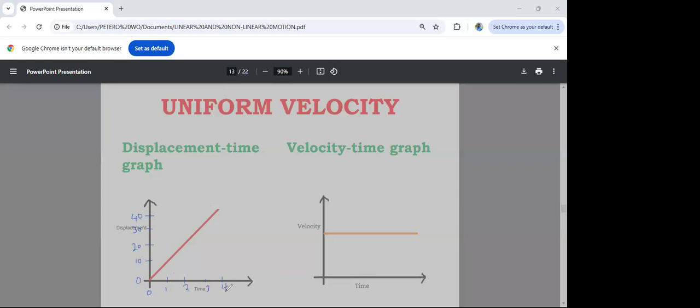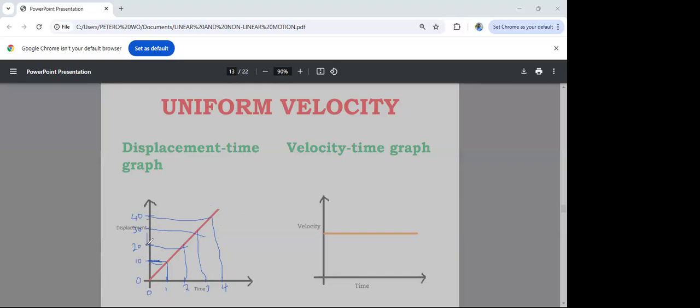Now, to have this graph coming out as it is, we will travel 10 meters in 1 second, 20 meters in 2 seconds, 30 meters in 3 seconds, and the 40 in 4.